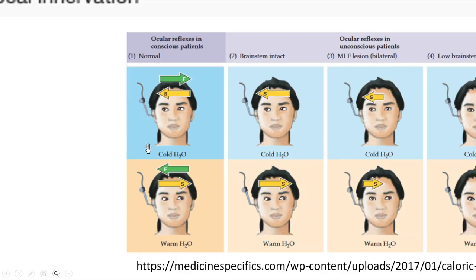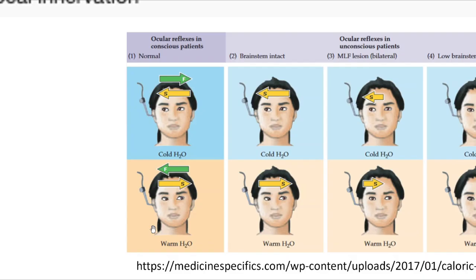So he discovered that cold water induces one kind of response, whereas warm water induces a different kind of response. And he realized that it is the changes in convection in the ear that are responsible for the dizziness experienced by the patients.